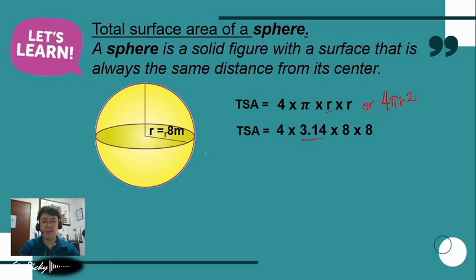The radius is 8, so 8 times 8. 4 times 3.14 times 8 times 8 is equal to 803.84 square meters. So that's how we get the total surface area of a sphere.